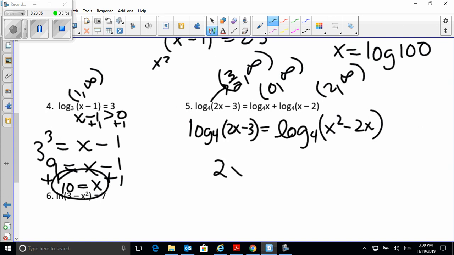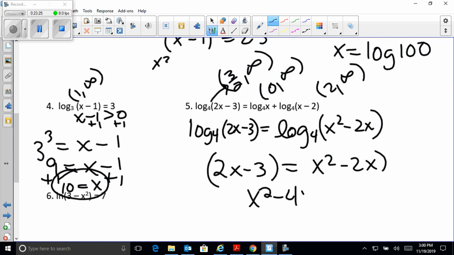So we know that 2x minus 3 is equal to x squared minus 2x. Then we can put everything together. So we're going to move everything over. We end up with x squared minus 4x plus 3 equals 0.